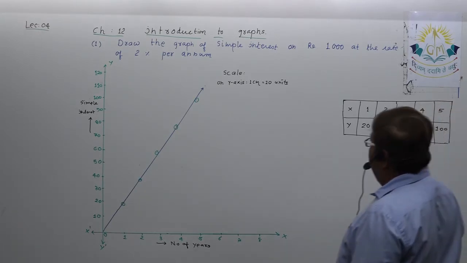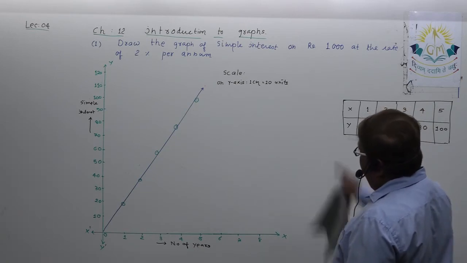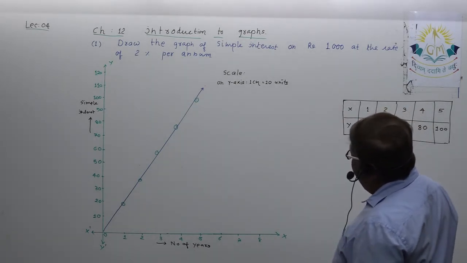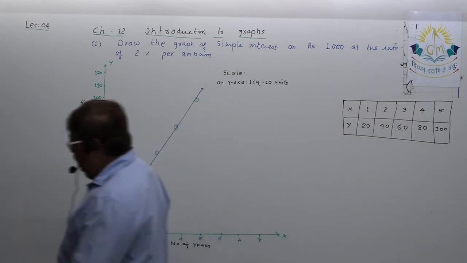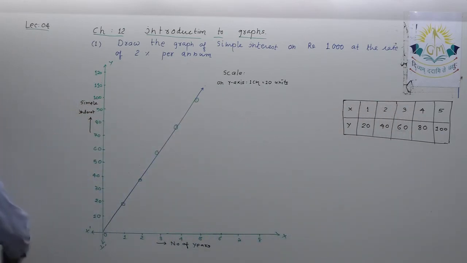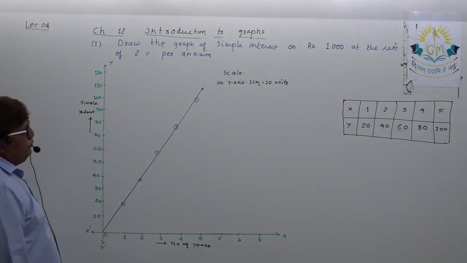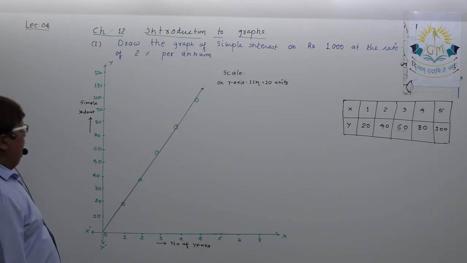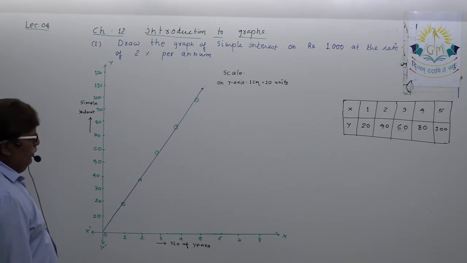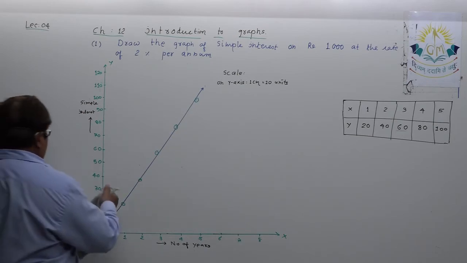Whenever you come across such a situation to draw the graph of simple interest, you need to make the equation that we have made first. Equation needs to be made, right? Okay, let us go for another question, right?